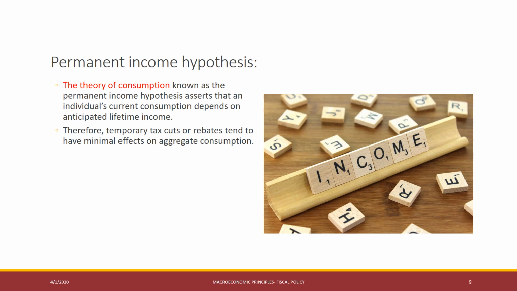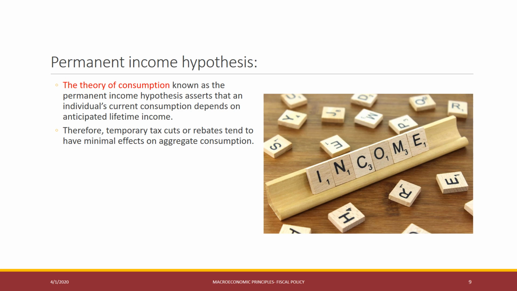There is another hypothesis which is called the permanent income hypothesis. And what is that? It is also known as the theory of consumption. The theory of consumption, which is known as the permanent income hypothesis, asserts that an individual's current consumption depends on the anticipated lifetime income.